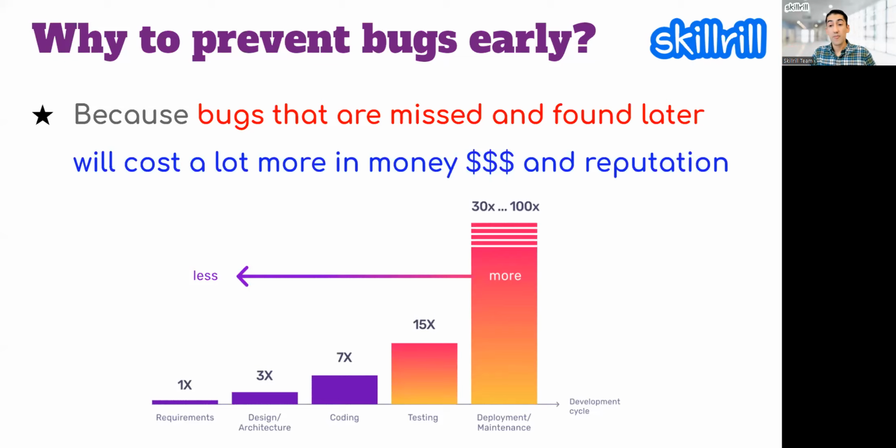Okay. Now, if the bug was missed all the way along this chain of events and it was found at the end when it's already being utilized, that's going to cost like 100 times more, if not more, than if it was found earlier. That's what we also refer to as shift left testing. Okay. So talk about this during the interviews, guys.